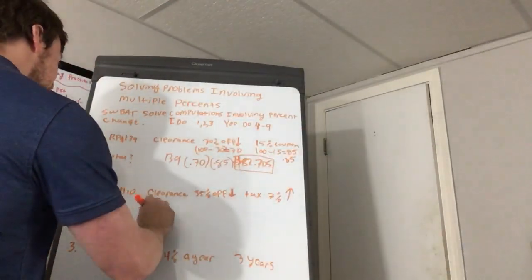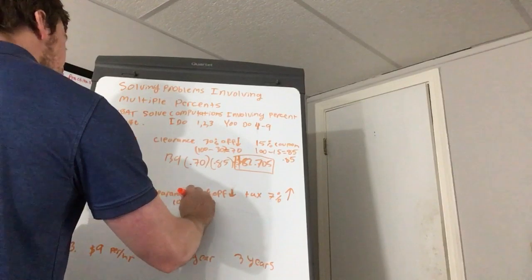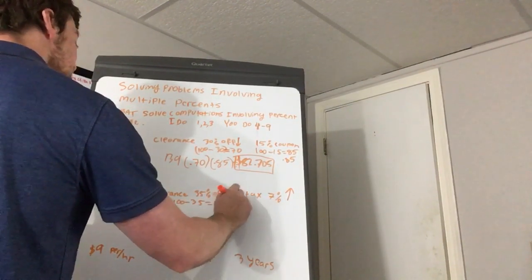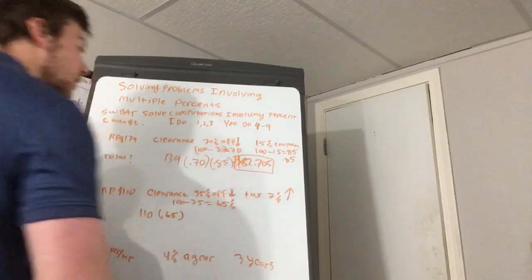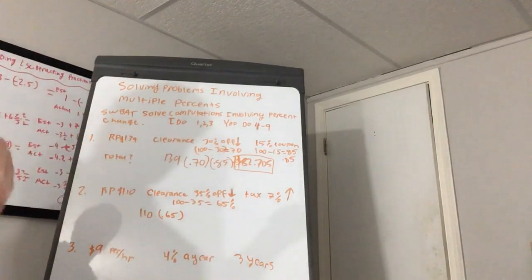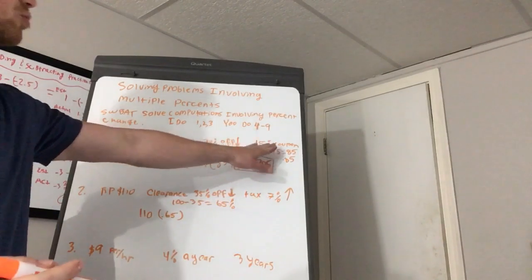110. What's 100 minus 35? You get 65. 65% as a decimal is 0.65. Then tax is 7%. Now, before, what did we do? We took 100 and we subtracted, right?